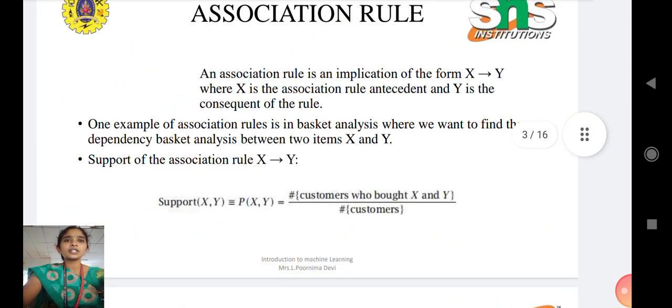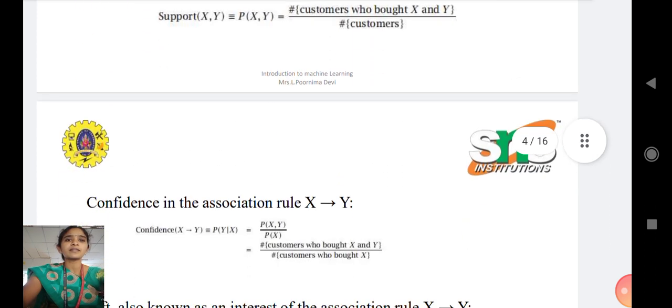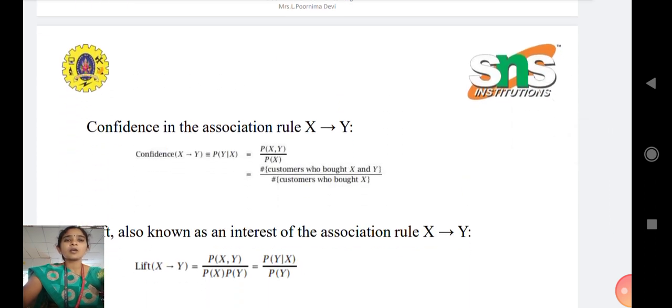These association rules have two different measures. The first one is confidence. Here X is a variable that we decide as milk, and Y is decided as bread. We calculate the confidence level: when we are buying bread, at the same time we are buying milk. That is the confidence level in association rules.